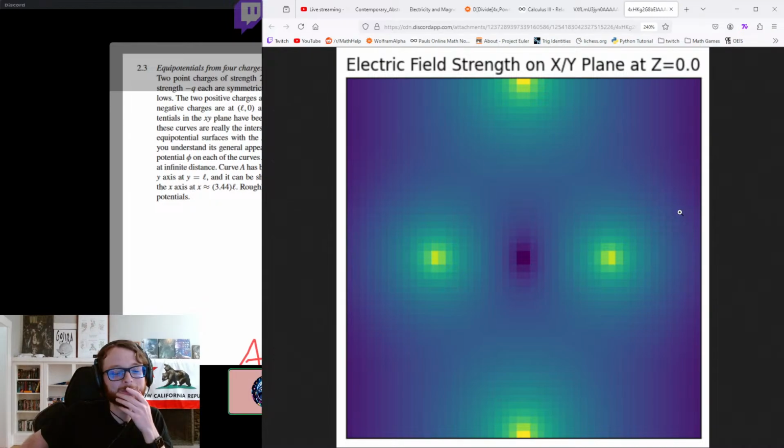Has anyone ever played the game Magic Carpet? No. Oh, I love that game. It was an old 90s game. The world was basically like a bump map that you flew around in. That's cool.